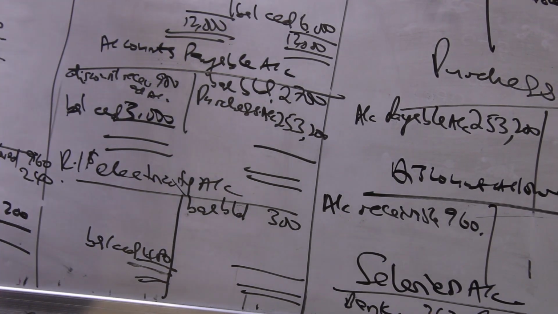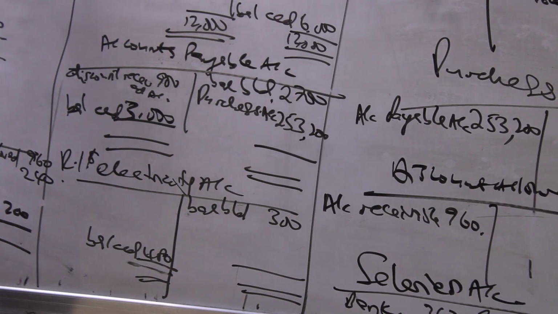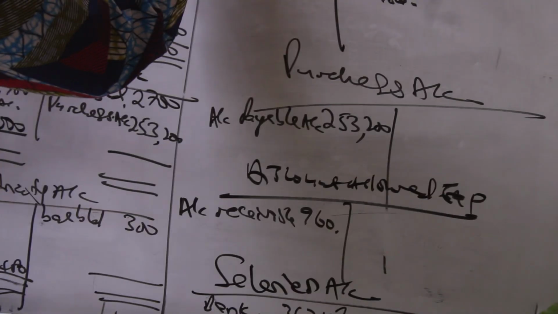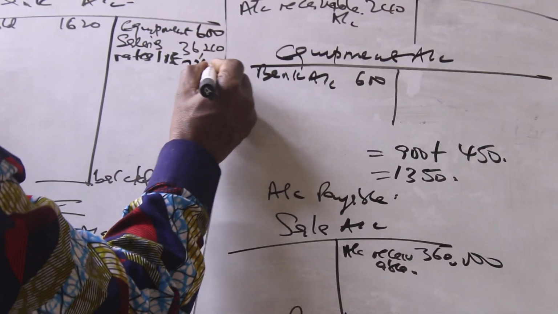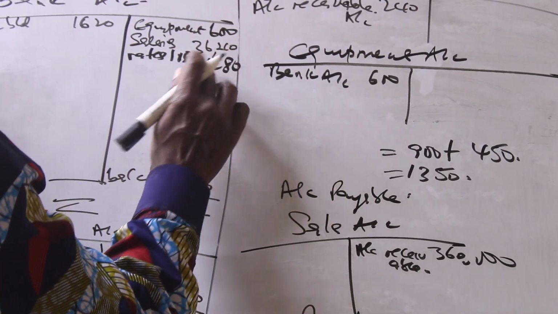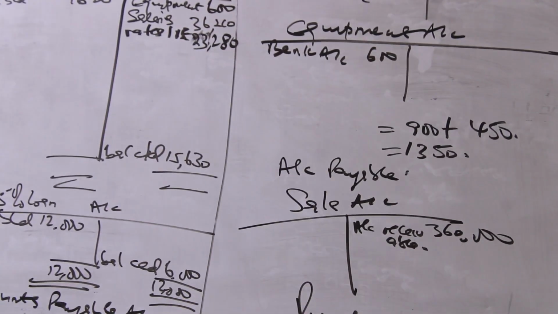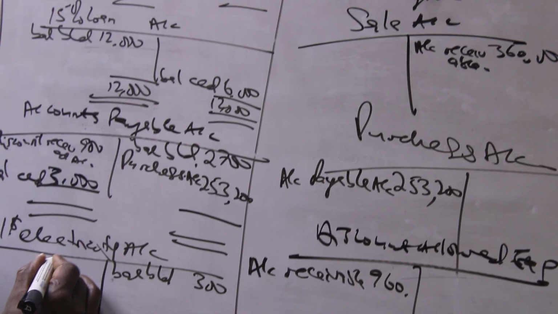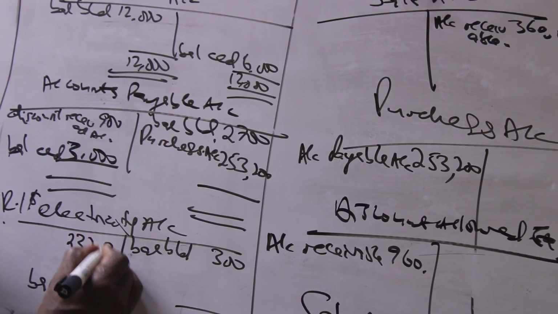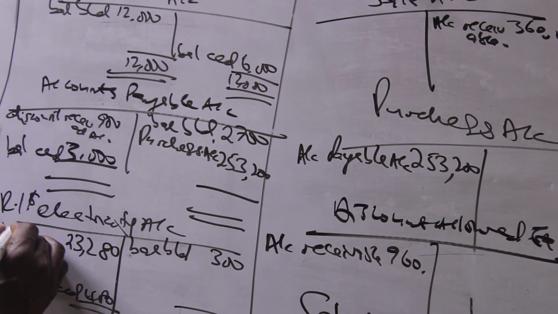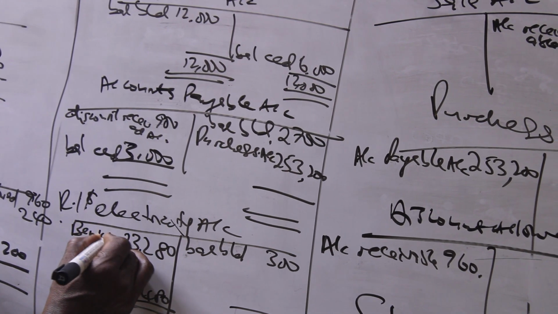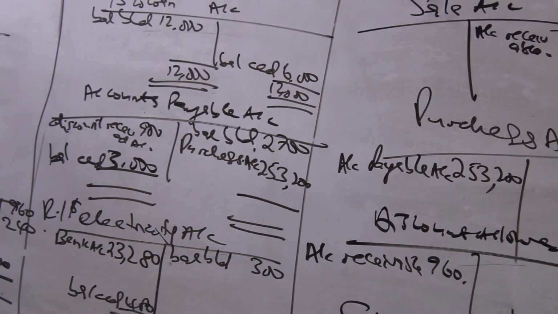So we spend rates and insurance of 23,280. We debit electricity here, 23,280, through bank account.